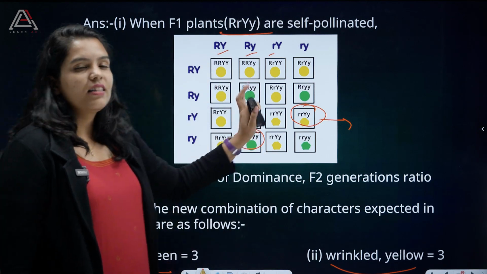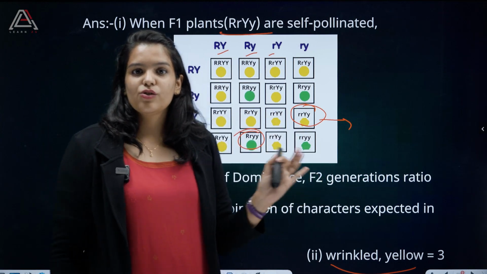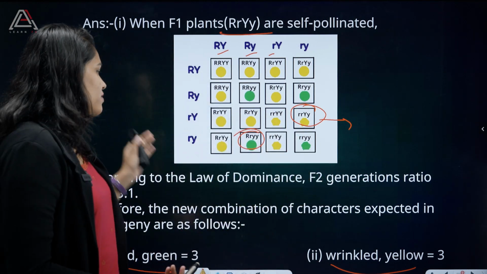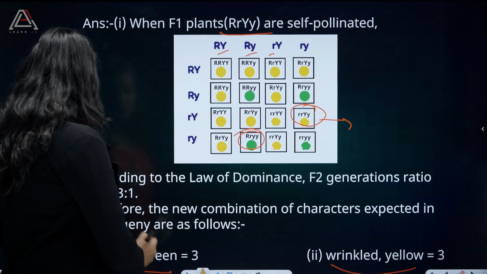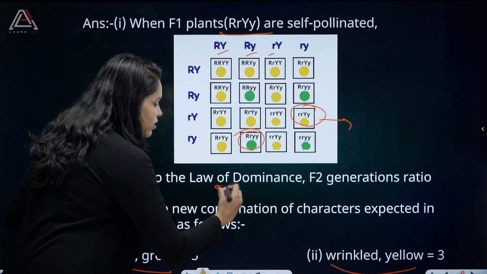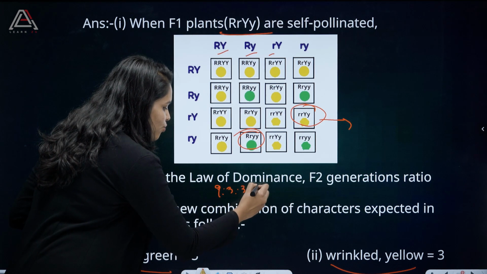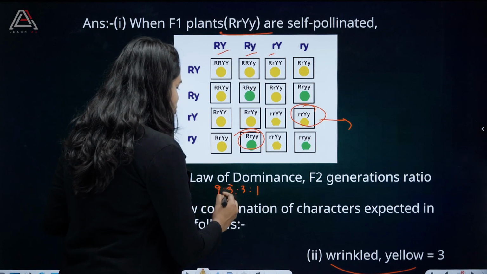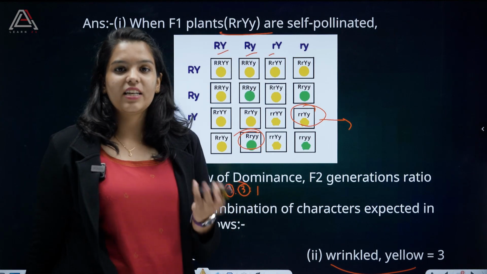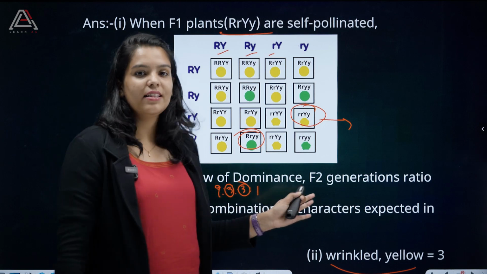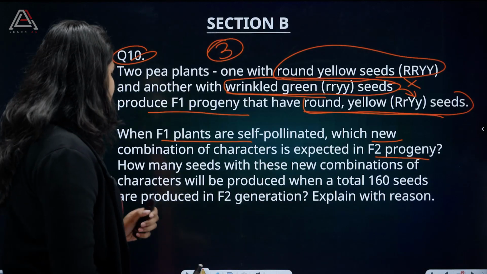There are 3 of them produced here. According to the law of dominance you have studied, the ratio in this cross will be 9:3:3:1. So the new combinations are of 3, that is, the round green and the wrinkled yellow. That is the first part of the question.